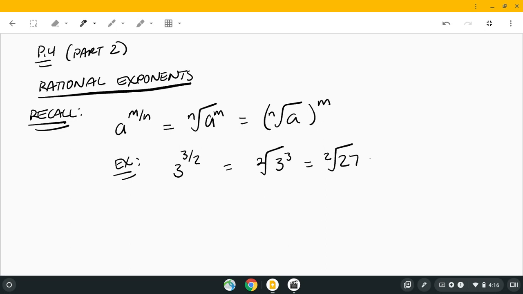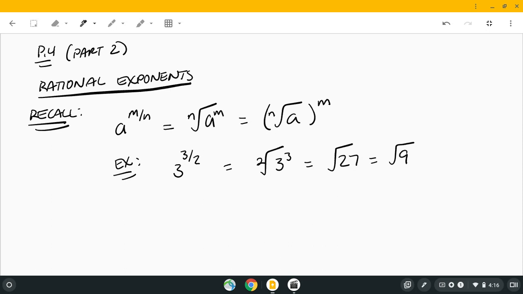I don't even have to write the index here. When I have this radical without an index, it's understood to be the square root. So you don't have to write the number 2 there.